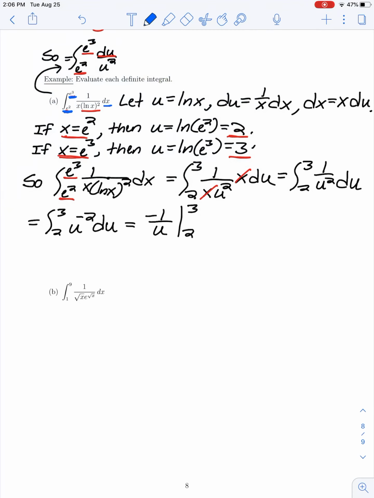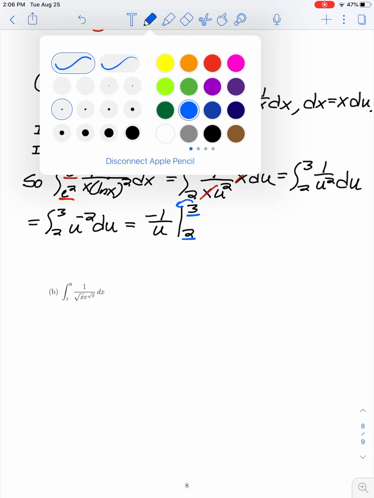Well, because these values that I'm going to be substituting into my antiderivative, I've already changed to values of u, not x. So these numbers 2 and 3 are values of u, not x. So I don't want to substitute u back in here. Instead, I just want to substitute the values for u directly into this antiderivative that I just found.